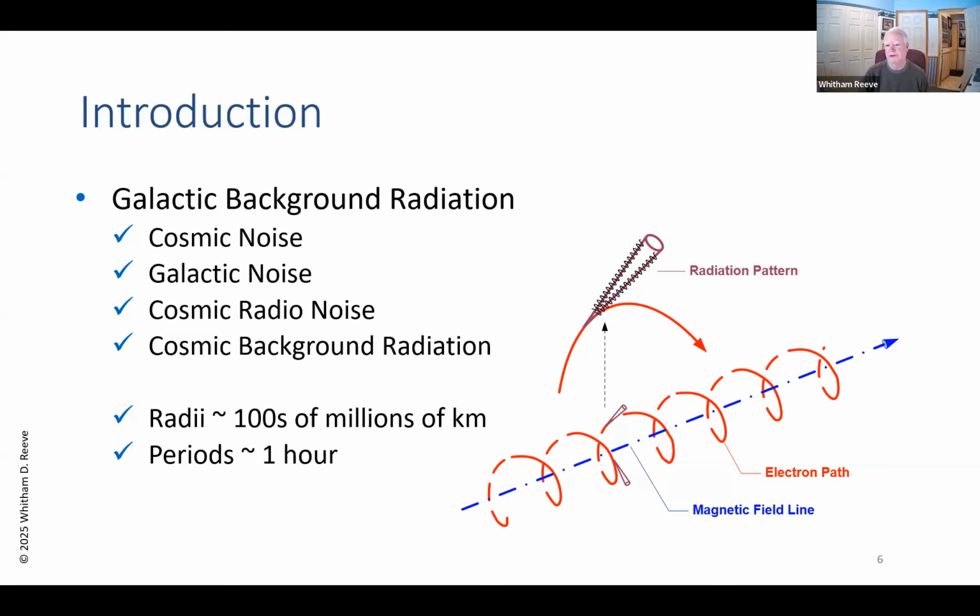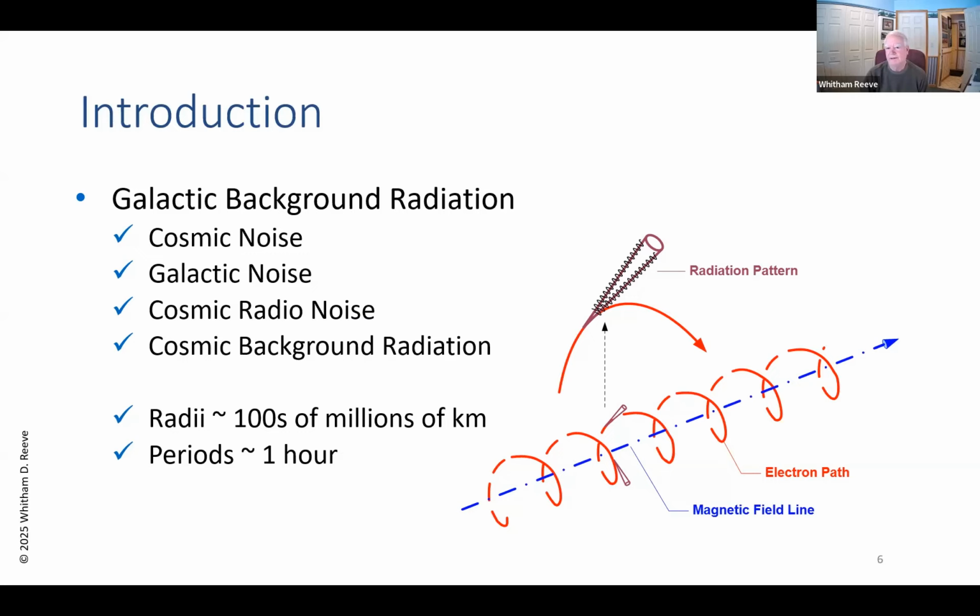And what it is, there are free electrons out in the Milky Way, and they're trapped by pretty weak magnetic field lines in the interstellar medium. When they're trapped and moving, which they are, they will spiral and corkscrew around the magnetic field line. This corkscrewing motion is an acceleration of the electron, which causes it to radiate.